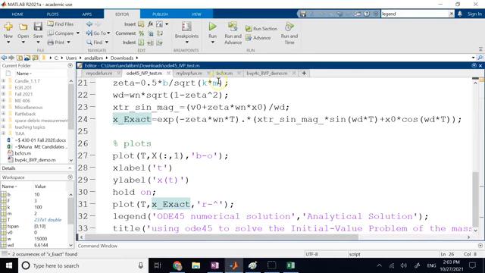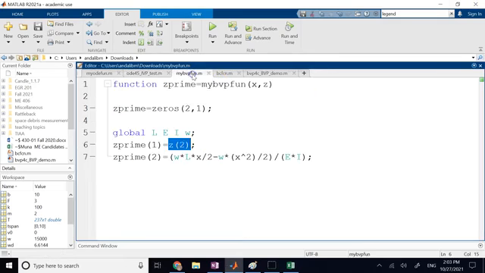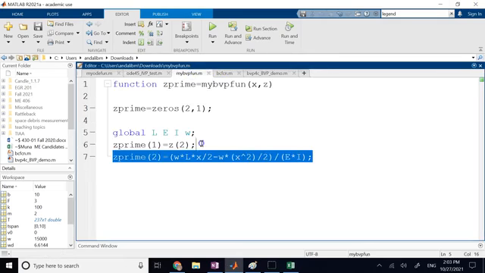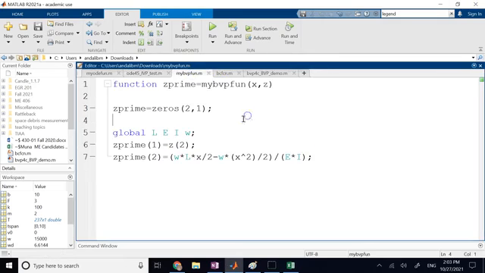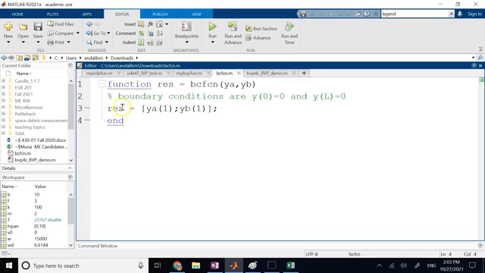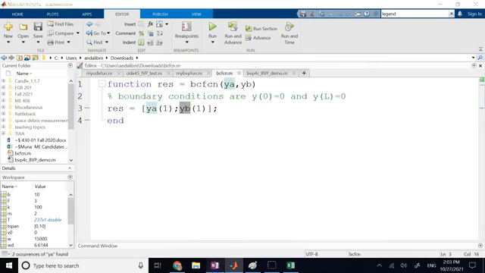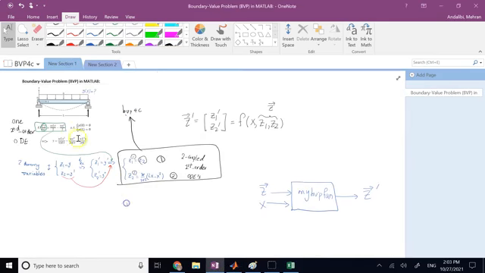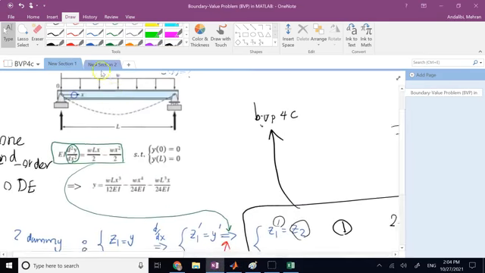Okay, now for the boundary value problem, not only do you need the function here that specifies the first order coupled ODEs, you need a second function that provides the boundary values. And for this case, the boundary values I have are both 0.